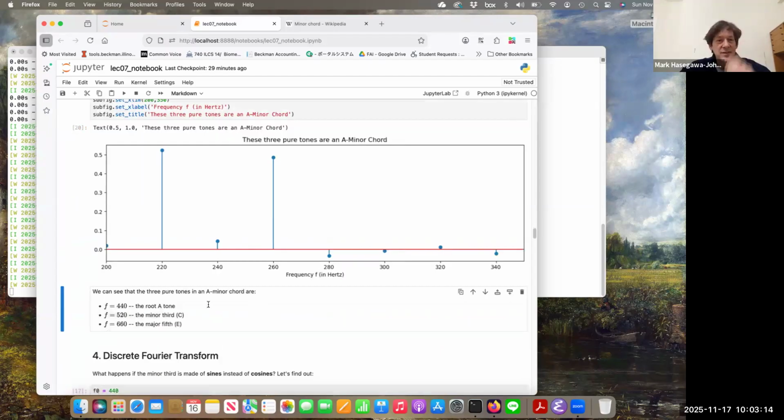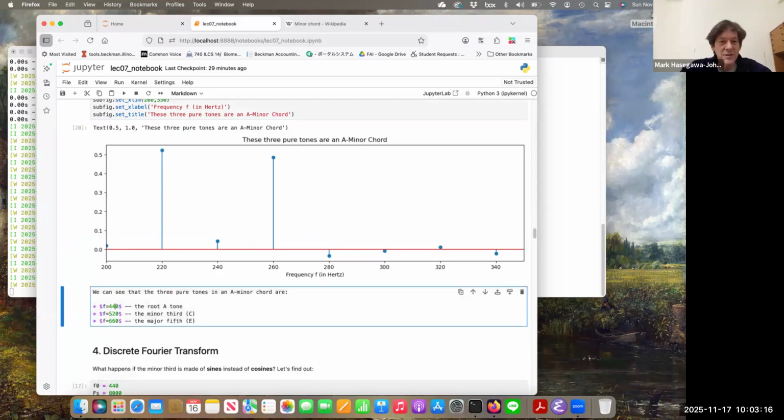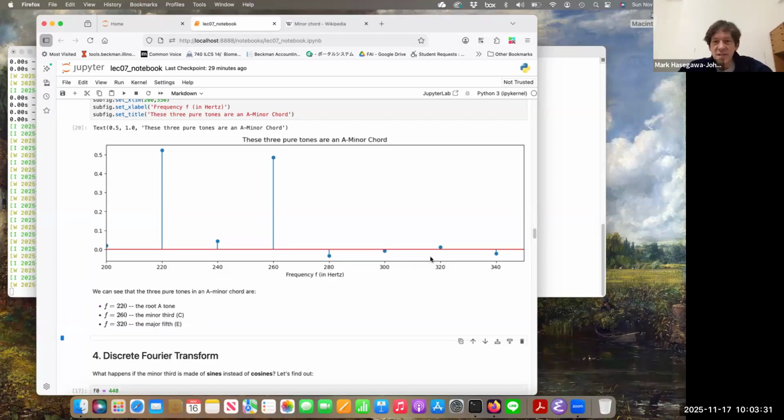All right, so the tones in the A minor chord are F equal to 220, C equal to 260, and F equal to 320, which is the major fifth, the E note. The 260 and the 320 are just the samples that we have available. They don't line up very well with the true values of the tone.